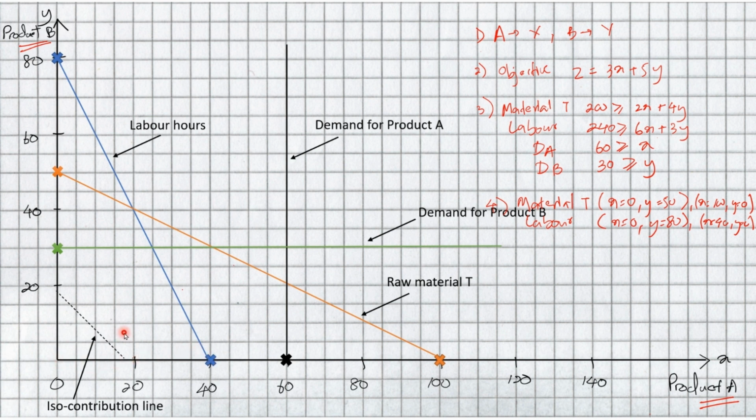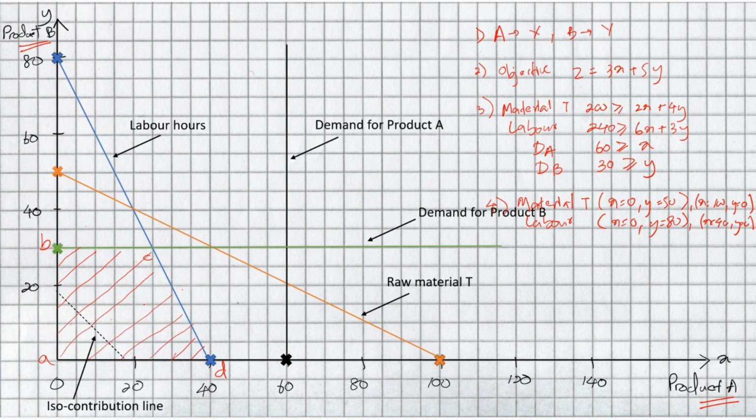We already identified these 2 points. Let's move up and there are two feasible points here. Every other point is not a feasible point, like these 3 points. So we have four feasible points, which is this point, this point, and this point. Now we can mark the feasible region, which is enclosed by these feasible points. So this is the feasible region.